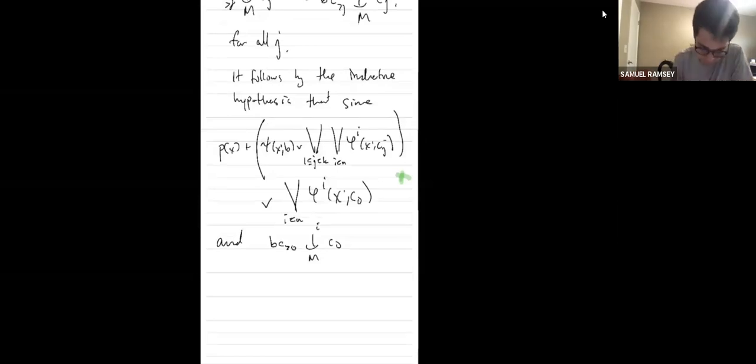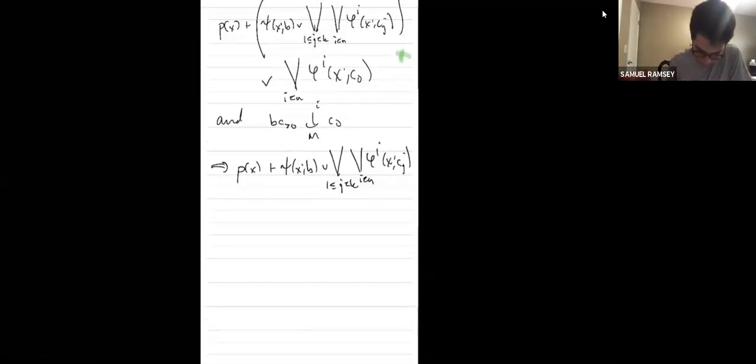So it follows that P of x implies C x b, or now I look at the disjunction of j less than k, phi i x c j, where this now is like i over n. Okay, so what did I do? I reduced the number of disjuncts by 1.